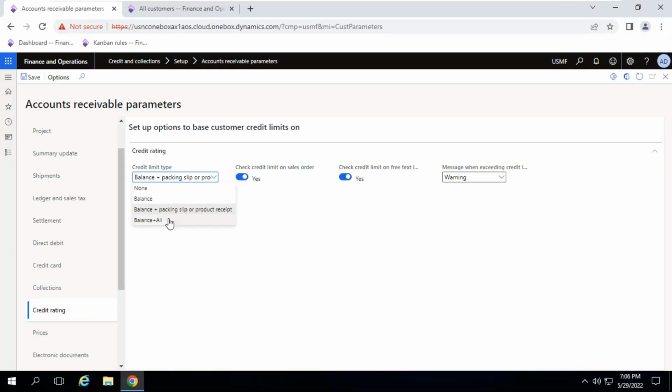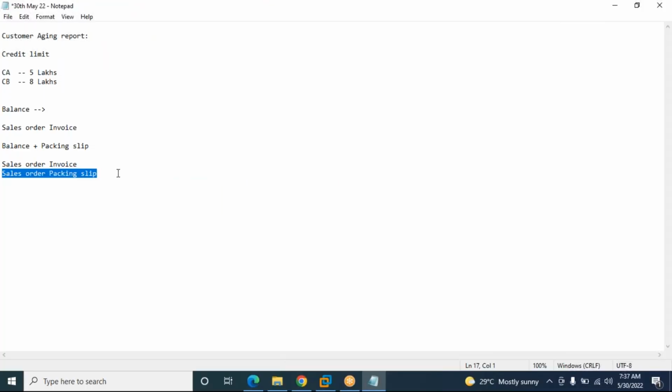Otherwise, balance plus all means along with these two, it will also calculate sales orders with open status, created but not posted for packing slip or invoice.